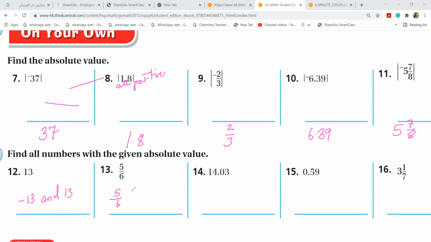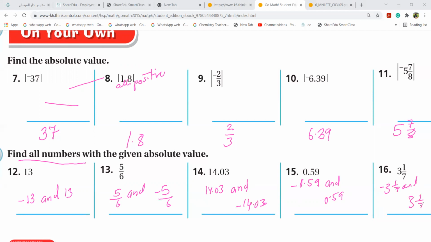Same thing you will write, with positive and negative, because they're asking to find all the numbers. -3 1/7 and +3 1/7.